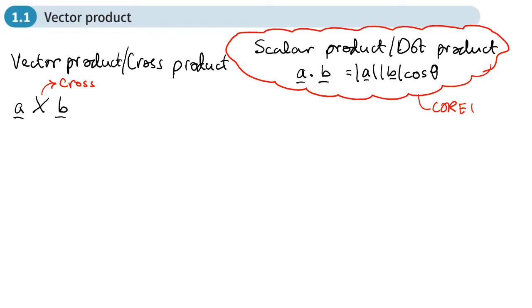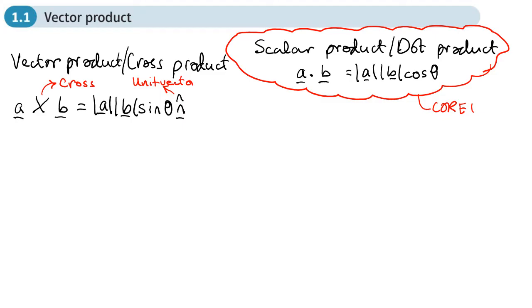So A cross B is equal to the modulus of vector A times the modulus of vector B, times the sine of the angle between them, and also multiplied by a vector n, which is a normal vector, and the little hat tells us that it's a unit vector, so it's 1 unit long.